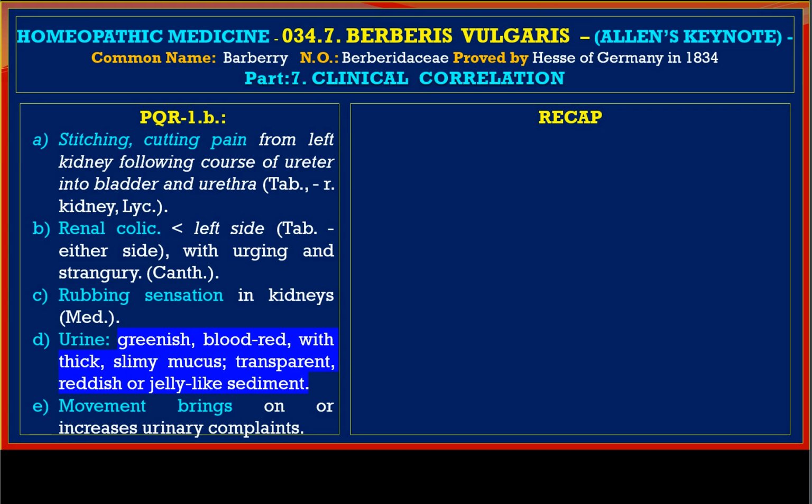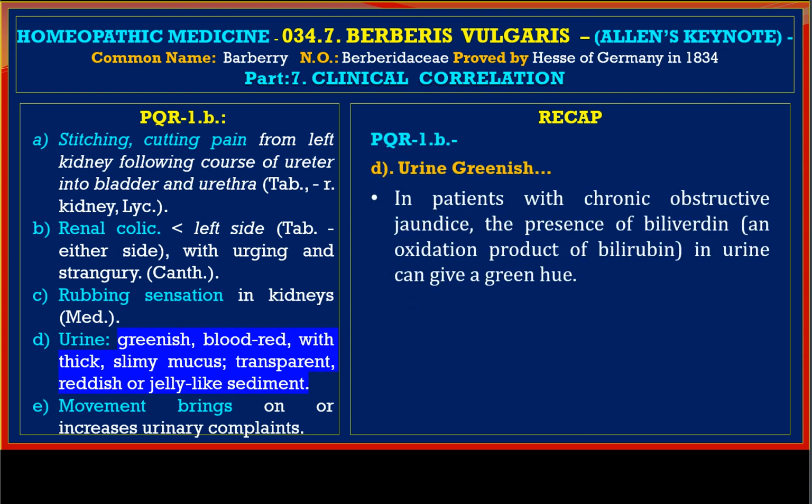So in PQR1B we find again urine greenish. We come to this particular D part. Urine is greenish, blood red with thick slimy mucus, transparent, reddish or jelly-like sediments. Here we find the patient with chronic obstructive jaundice, where the presence of biliverdin in urine can give the green hue. This could be one of the possibilities.